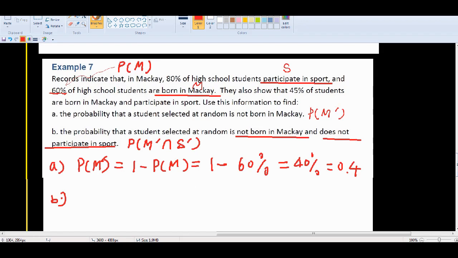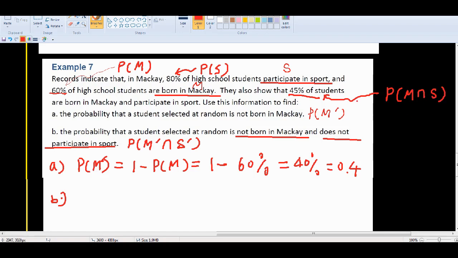We have 60%, which is the probability of M, 80%, which is the probability of S participating in sports, and also 65%, which is the probability of Mackay and sports.